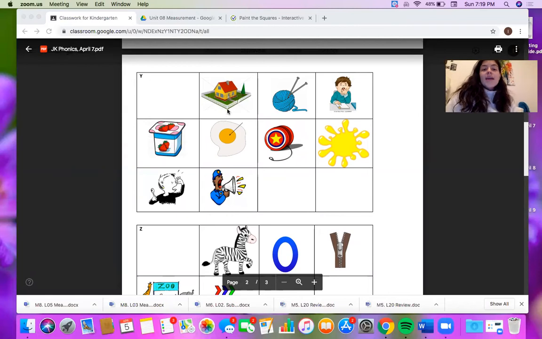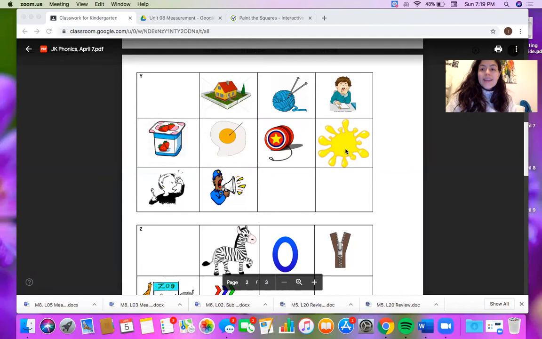This is a yard. This is yarn. This little boy is yawning. Yawning. This is yogurt. This is a yolk, an egg yolk. Ooh, this was fun. This is a yo-yo.